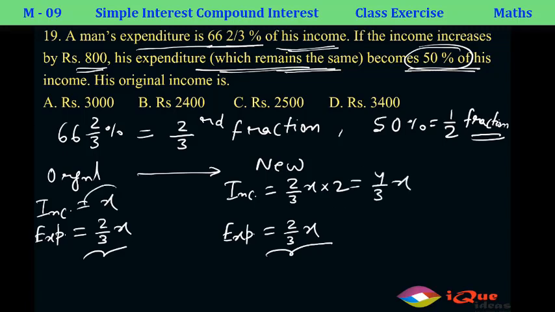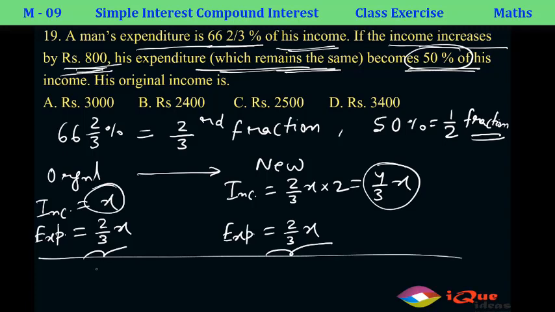So the original income is X, new income is 4 by 3X, and it is also given that the income has increased by 800. This means that X plus 800 is equal to 4 by 3X. So this tells us that 800 is equal to 4 by 3X minus X, which is equal to X by 3.